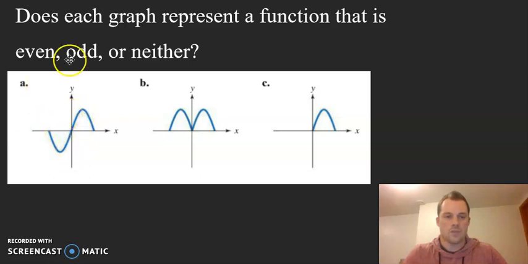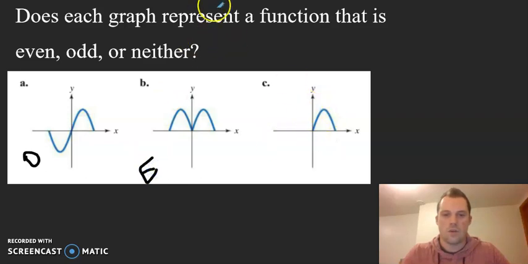So this would end up being odd. For B, we have these curves mirrored exactly across our y-axis. So that one would be even.